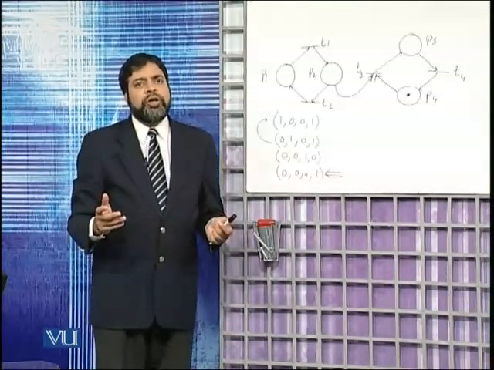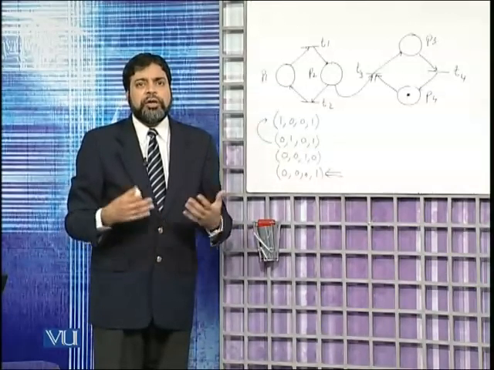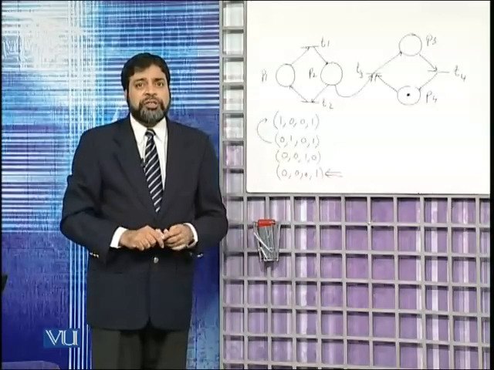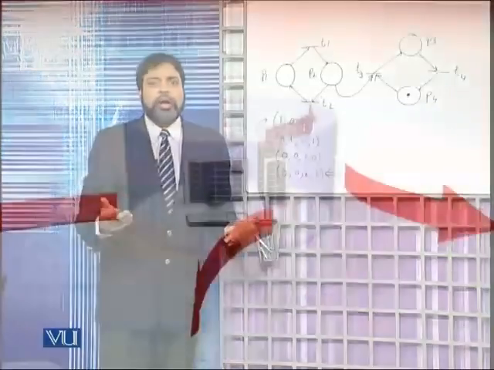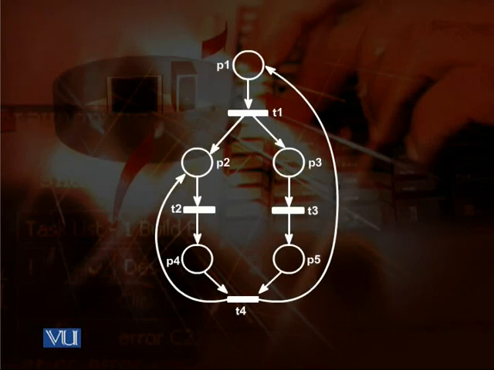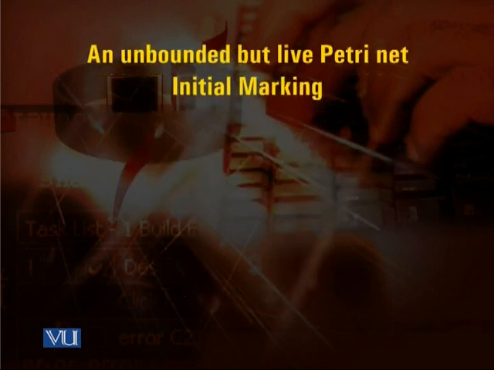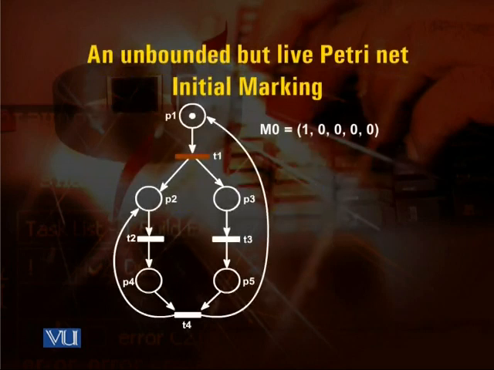Let me show you an example of boundedness where the system is live but it is unbounded. As you can see, we have a Petri net, very ordinary looking Petri net, but this is an example of an unbounded but live Petri net. Let us give it an initial marking and let us put a token in this place P1.